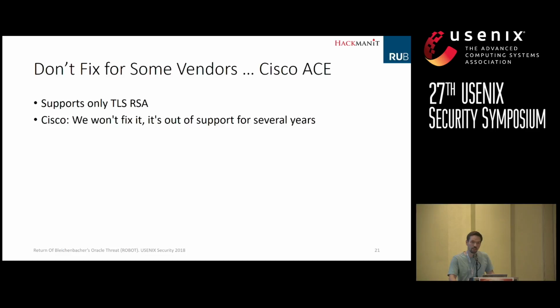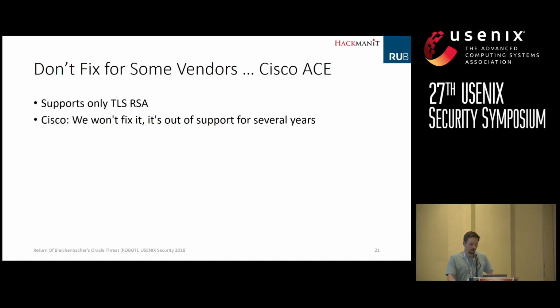But that was also not a solution for us. For example, in the case of Cisco ACE devices, which support only TLS RSA, as a developer or administrator you could switch to Diffie-Hellman and disable all TLS RSA cipher suites. In the case of Cisco, this is not possible because they only support TLS RSA.